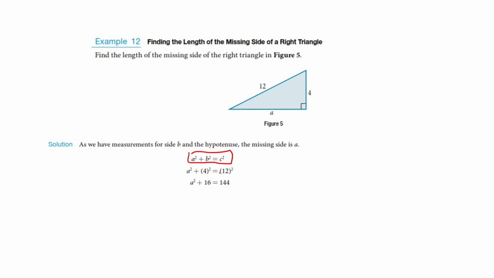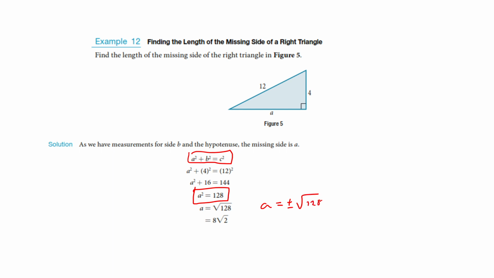Okay, so if I just tidy this up and start to solve it, I'm going to get a squared equals 128. Now, we can use that square root principle that we saw earlier in the last section, or in the first video on this, where we can just square root both sides. Now, here's another case again where they're not doing the plus or minus.